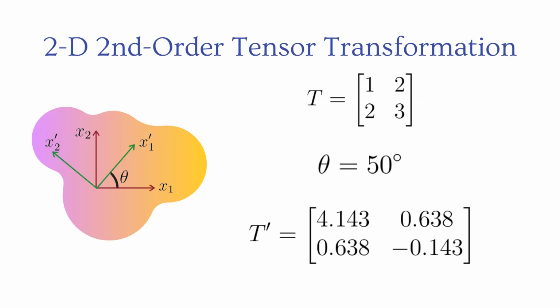Vectors can be represented by an arrow. But how can a tensor be represented as a physical thing? It's hard. In this series of discussions, we will represent the state of stress at a point.